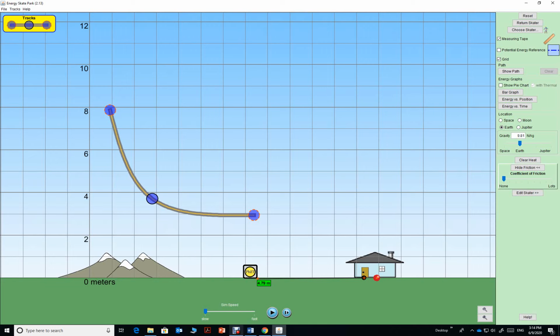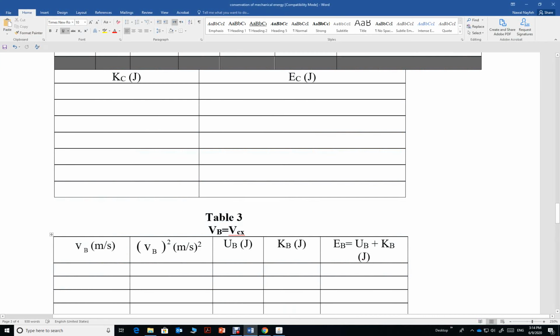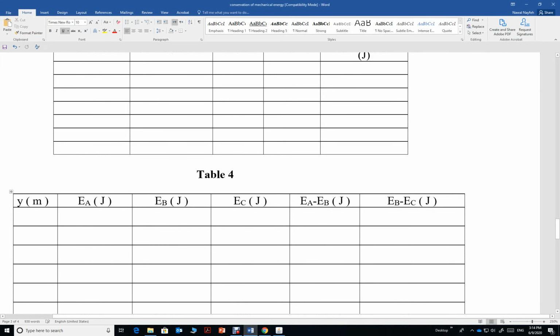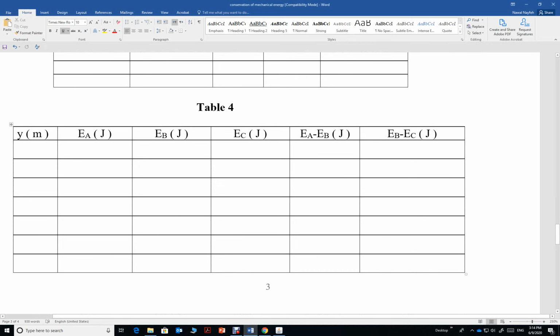So do your calculations, and then fill these 3 tables, and then at y equals 8, 7, 6, 5, 4, 3, 2, write EA, write EB, write EC.